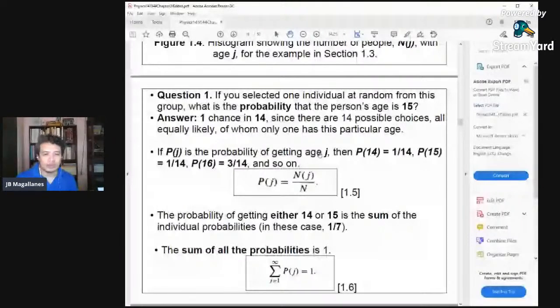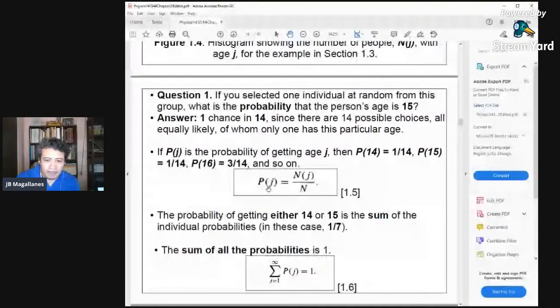And we call that the probability of getting age j, so that's Pj. P of 14 is equal to 1 over 14, P of 15 is 1 over 14, P of 16 is of course 3 over 14, and so on.